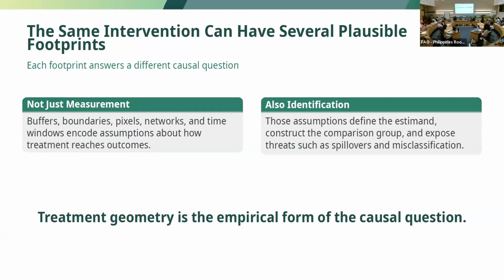So these decisions are not just about measurements, not just choosing a buffer or a boundary, a line or a polygon. When you make that choice, you constrain yourself to what you can identify. And so treatment geometry you can think of as the empirical form of your causal question.